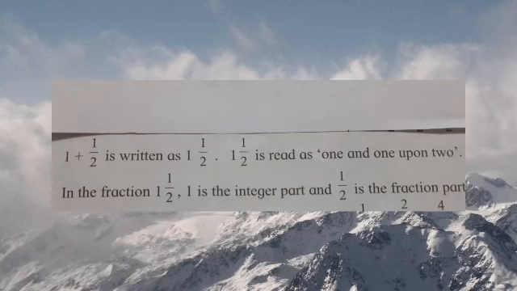1 and a half is written as 1 and 1 upon 2. And 1 and 1 upon 2 is read as 1 and 1 upon 2. In the fraction 1 and 1 upon 2, 1 is the integer part and 1 upon 2 is the fraction part.